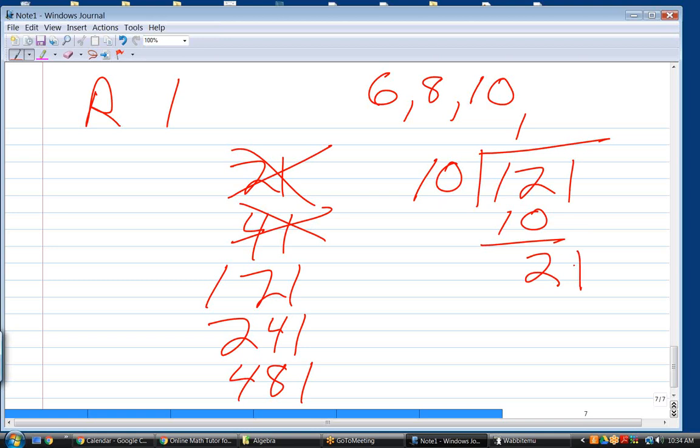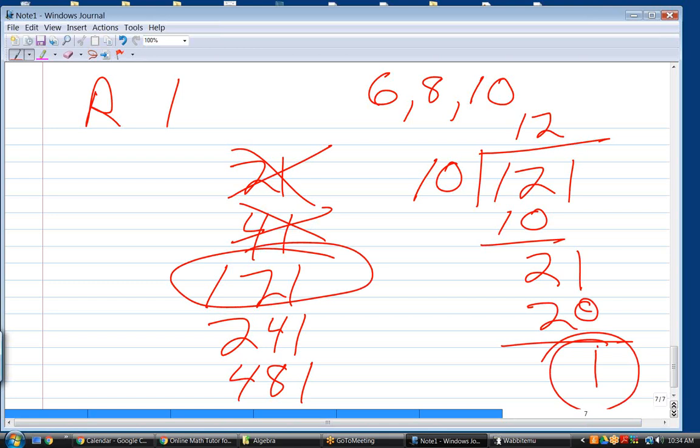Divide 10 into 21. That goes 2. Multiply the 2 times the 10. You get 20. Bring down, subtract. There's your remainder. So we found our answer. 121 is the smallest of these 5 numbers that is divisible by each of these 3 numbers and leaves a remainder of 1 each time.